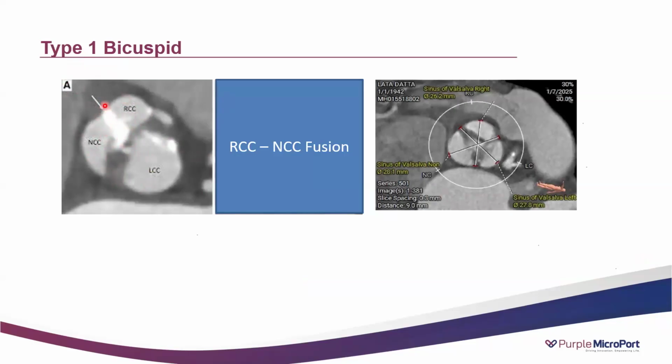So this is exactly the calcific raphe between the right and the non-coronary cusp. Perfect. And for your reference, I put one more time what a tricuspid valve is. Can you see this is non-coronary, this is right. So here there is no raphe, but here you can exactly see a raphe. Compare these images, both are very nice, so you will understand. It's a nice capture of the image. Thank you, brother.